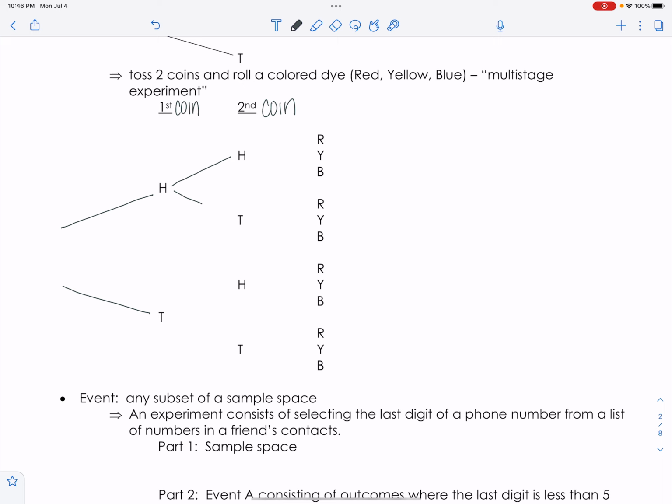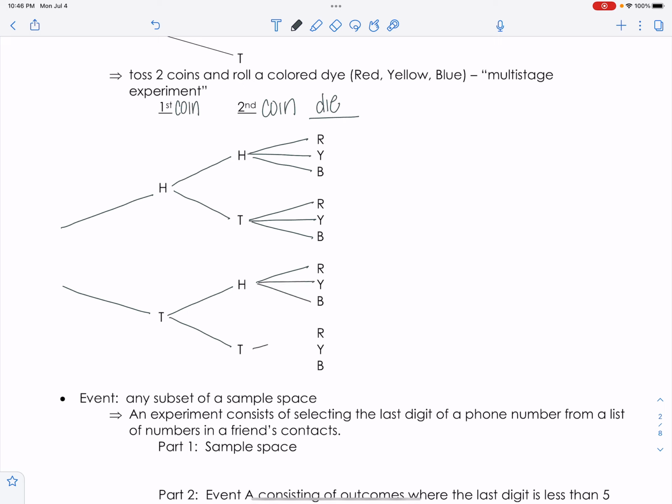I could toss a head and a tail. I could toss the first coin as a tail, second coin a head. First coin a tail, second coin a tail. And then in this last column, I have the die that I'm also going to roll: red, yellow, or blue. Coming off of each of those scenarios, I'm going to have the possibility of red, yellow, or blue.